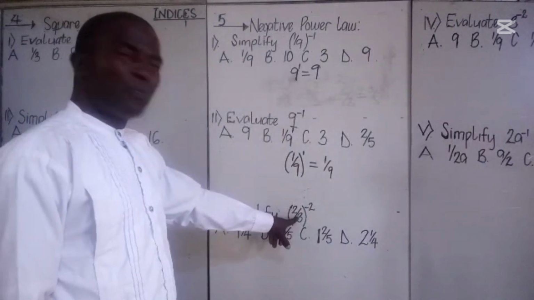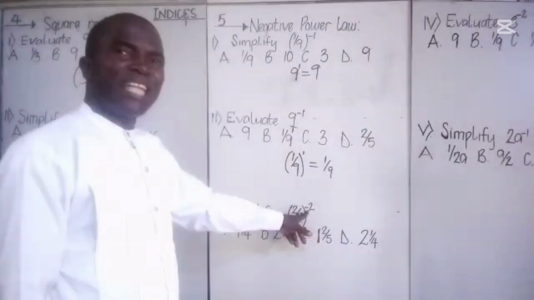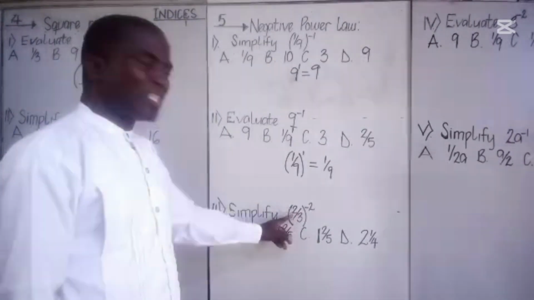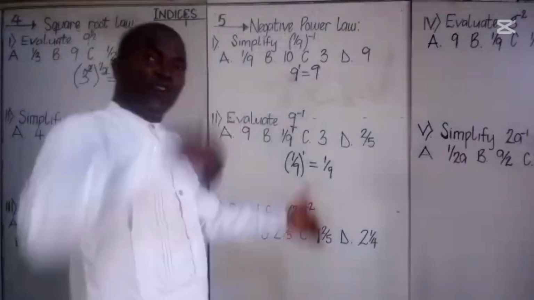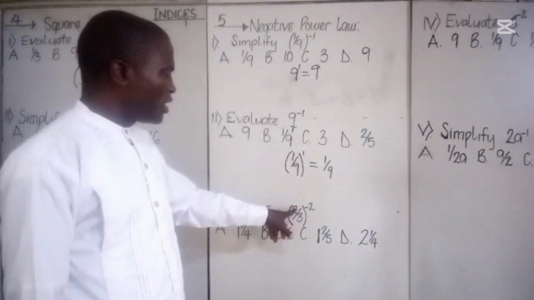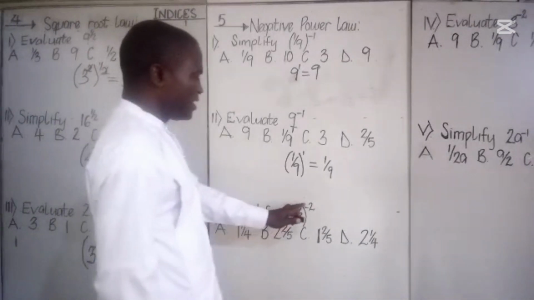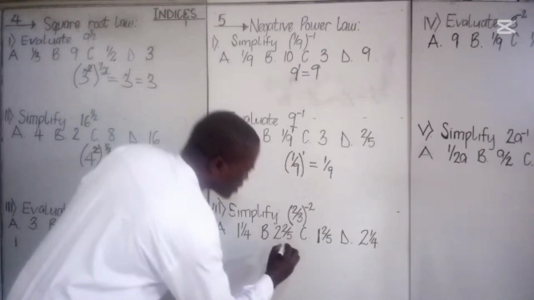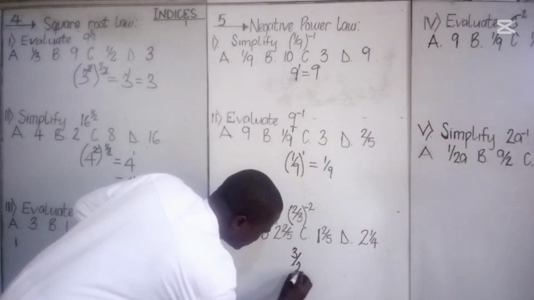We take the reciprocal of 2 over 3 to eliminate the negative sign. And what is the reciprocal of 2 over 3? The reciprocal of 2 over 3 is 3 over 2. That is to say, the denominator becomes the numerator and the numerator becomes the denominator. Once you do that, the negative sign is cancelled out. So we now have 3 all over 2.